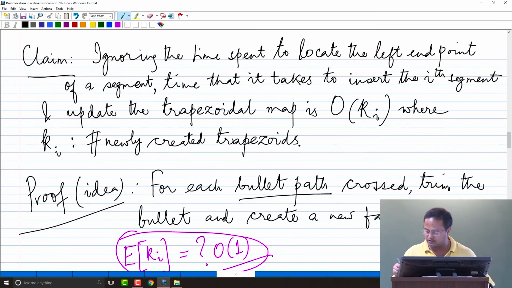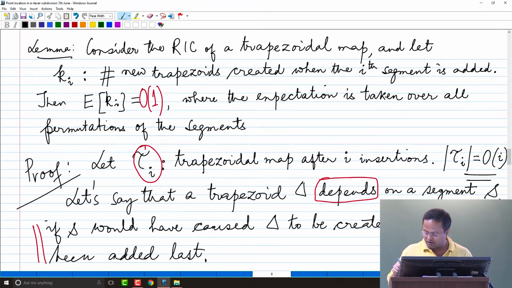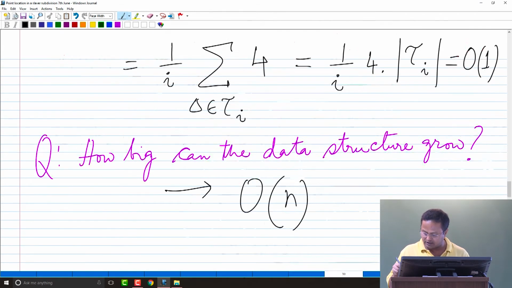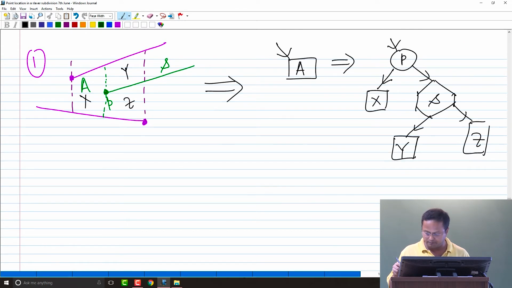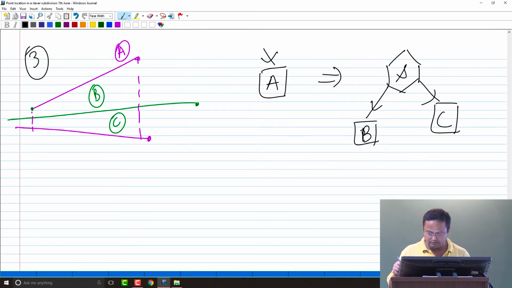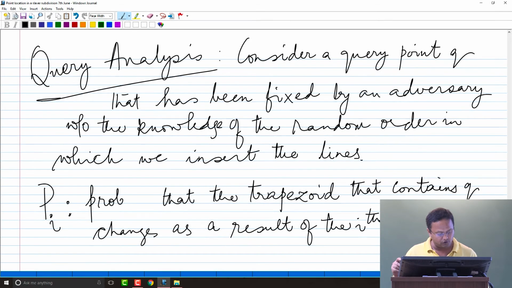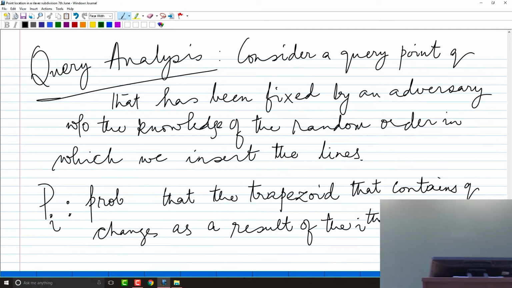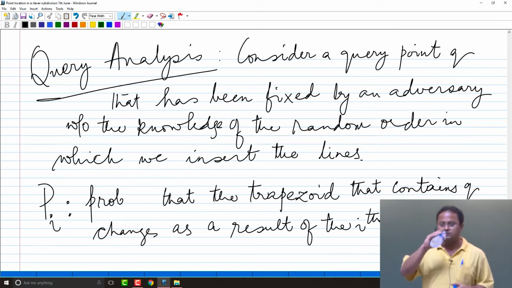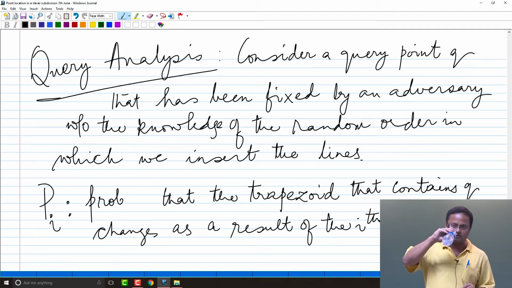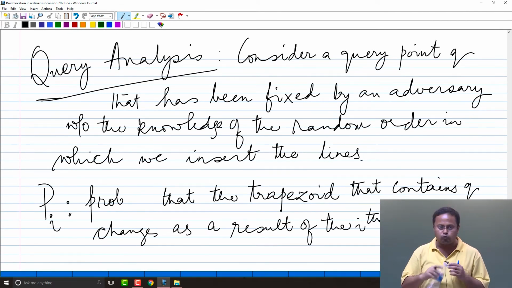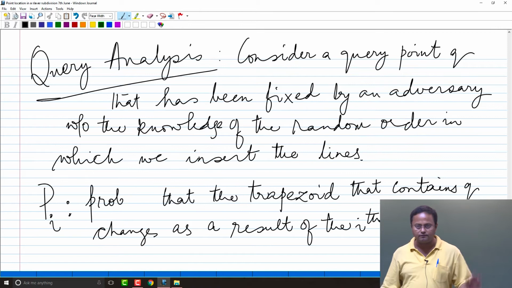Fine. So, now we will just do a little bit of summing up over expectations and then we will be home. So we are done almost, 2 minutes to the final result. Agreed?